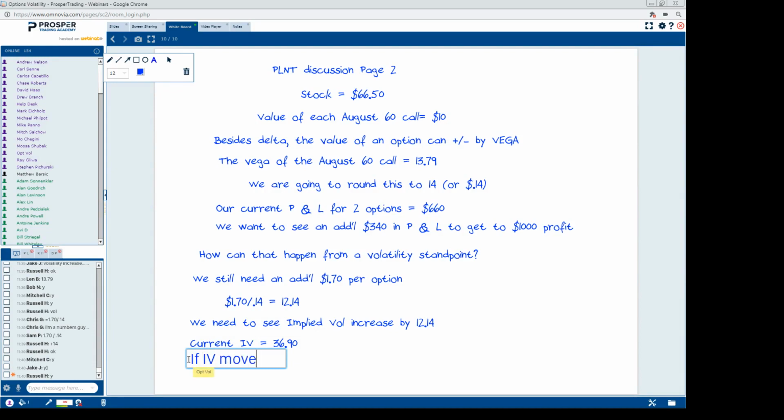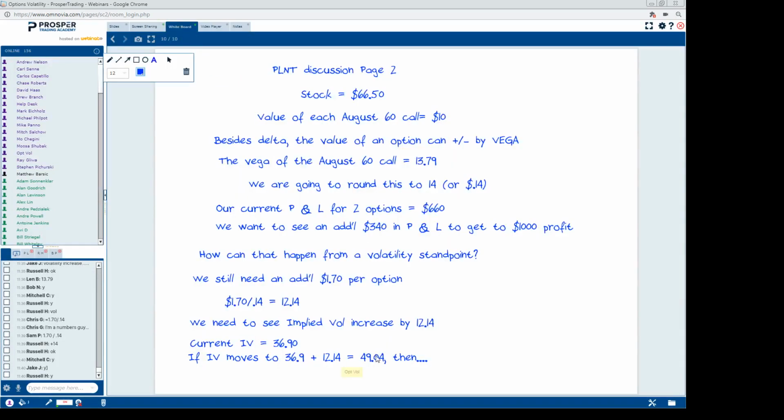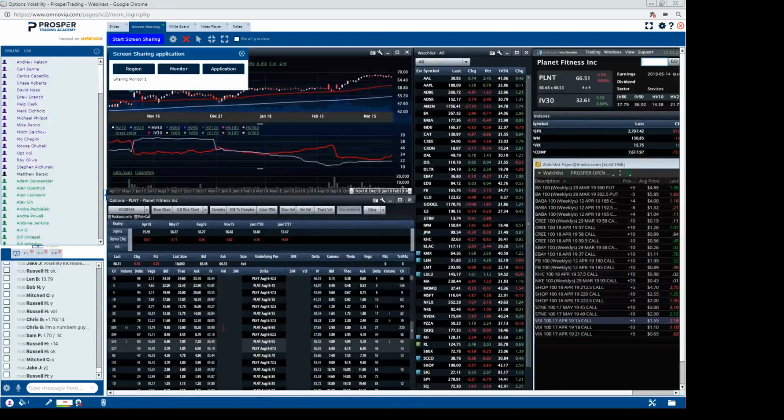If vol moves to 36.9 plus the 12.14, or basically 49.04, and to prove this out, guys, watch this. Watch what happens to the value of this option here that's showing 10 bucks. If I increase the implied vol here by roughly 12 points to 49.